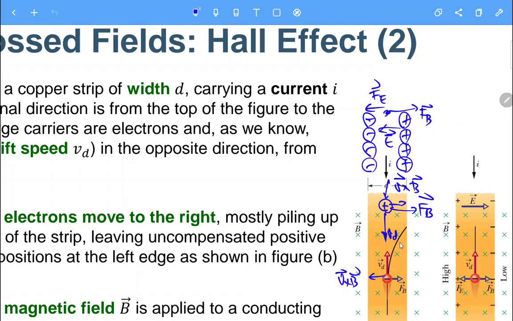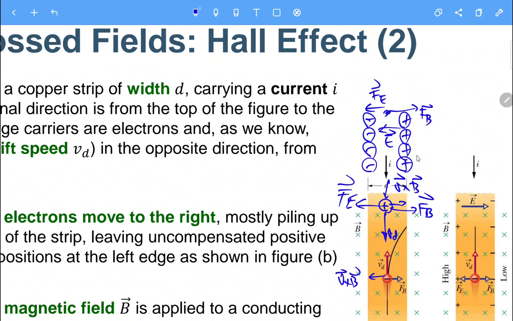The positive charge will accumulate on the right side, and the E field points to the right side, so FE points to the left side, and they end up in equilibrium. From the force equilibrium point of view, it doesn't really matter.